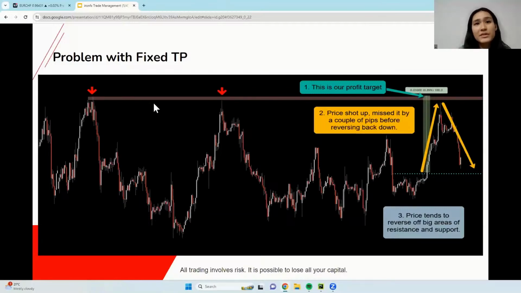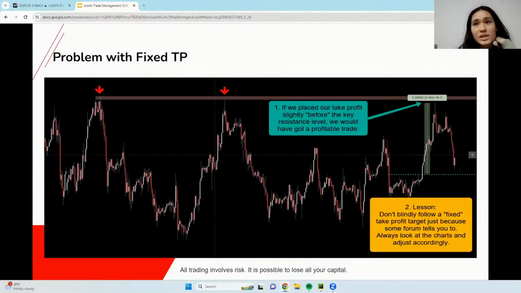So if you have a confluence area like this, it would be better to support it with Fibonacci levels, pivot points, whichever levels you prefer. But if you have a confluence area, it tends to attract price, but you would also see price reversing off of these big areas of resistance or support.